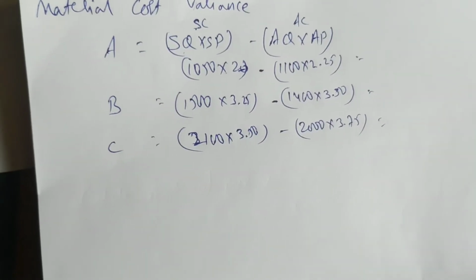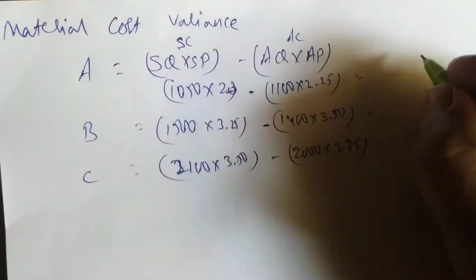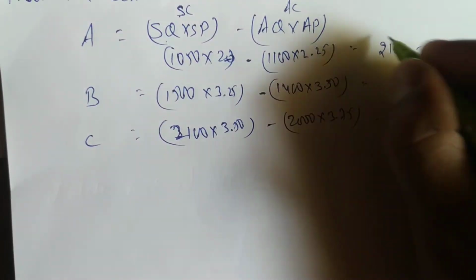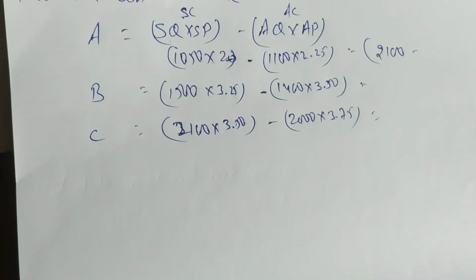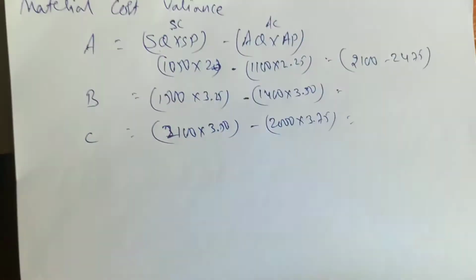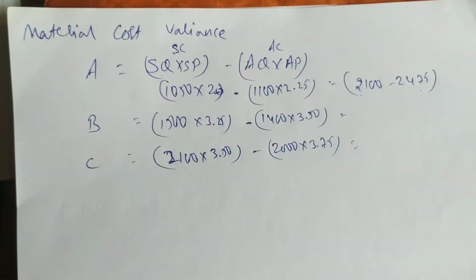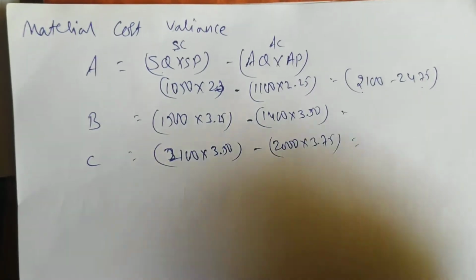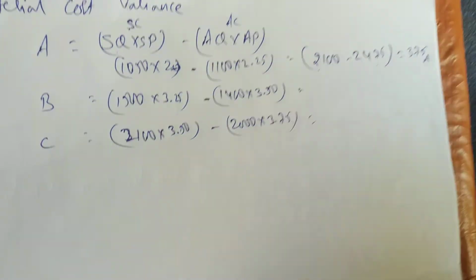In the exam also you have to solve like this only if such questions are asked. So 1050 into 2, we are getting 2100, minus 1100 into 2.25, 2475. The company is saying to incur expenditure of 2100 but they have incurred more. So minus 2100, we are getting 375 adverse.